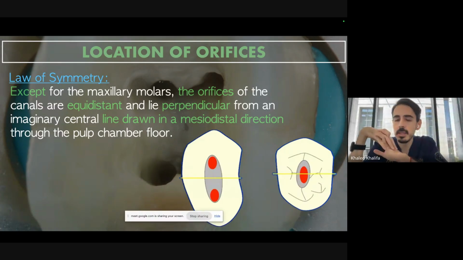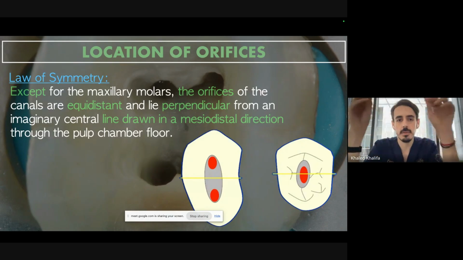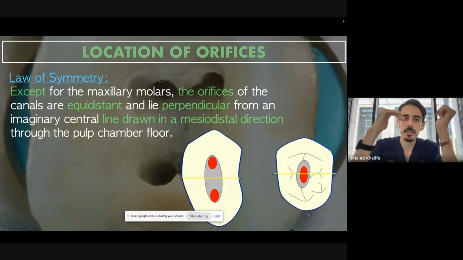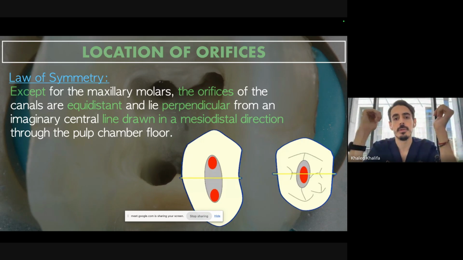The orifices of the canals follow laws. Just like the law of centrality, we have other laws. For example, the law of symmetry. The law of symmetry can be applied on all teeth except the maxillary molars. It says simply that the orifices of the canals, let's take an example of an upper four, just like in this tooth, are equidistant and perpendicular, meaning that if you divide the tooth mesiodistally, you're going to find them on the same line and at the same distance as well.